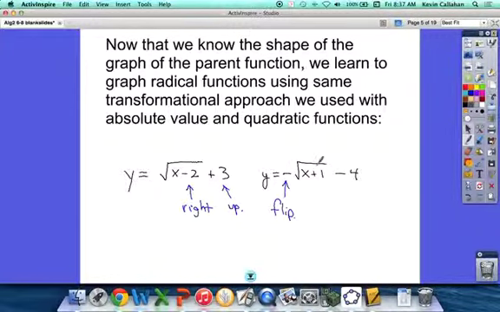What did it do when you added inside the function? Left. And subtract after the function means down. So that's how it worked with the other functions. That's how it works with all functions, including this one too. We're not trying to learn anything new. There's nothing new about that part of it. The only thing that's different is the shape of the parent function.